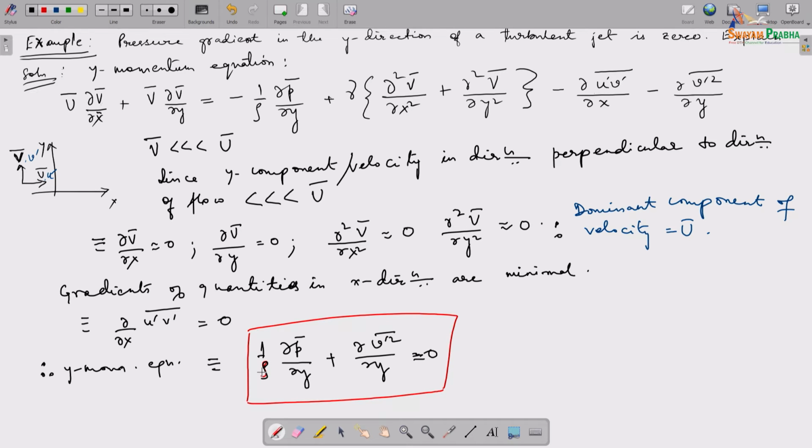Right. So 1 by rho del p del y and del v square del y.